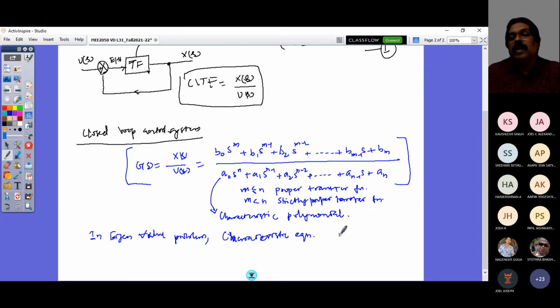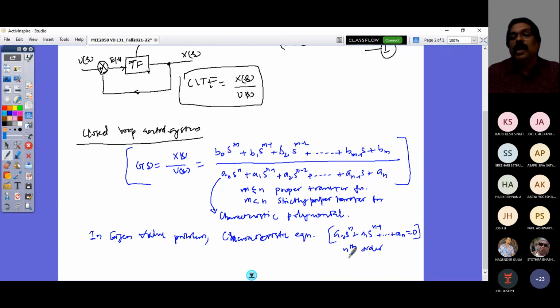That is, A0 s power n plus A1 s power n minus 1 plus and so on plus an, equated to 0. So here it is of nth order.